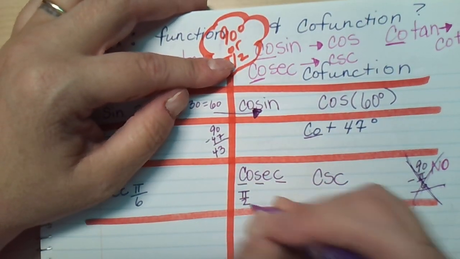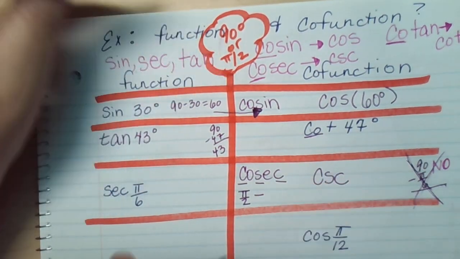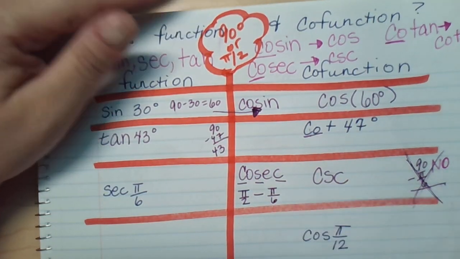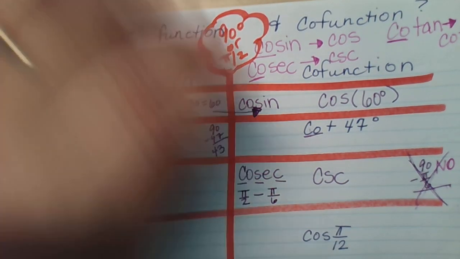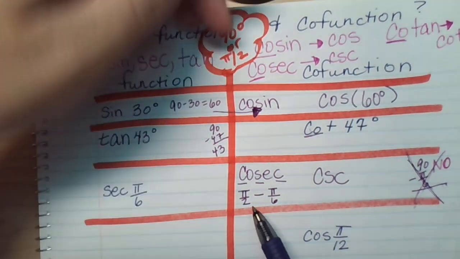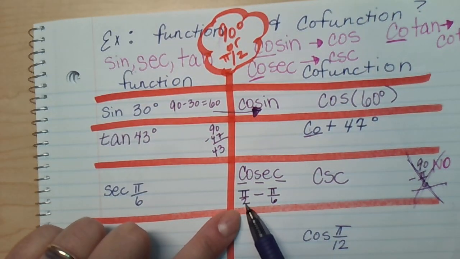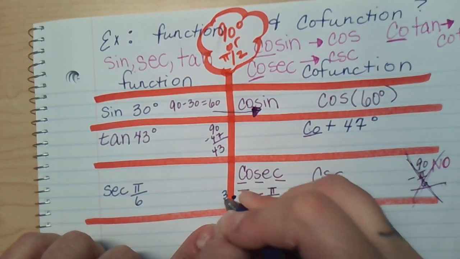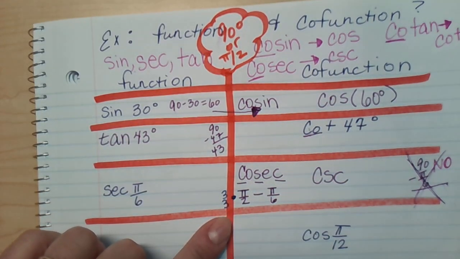All right, let's do this. Pi over 2 minus pi over 6. We need a common denominator. I need the bottom of the left fraction to become a 6. What can I multiply? 3 and 3.